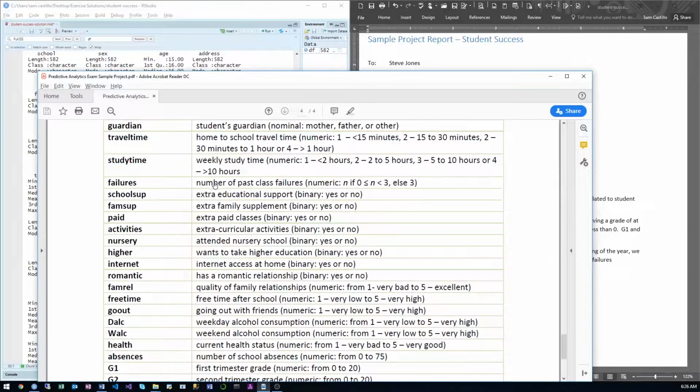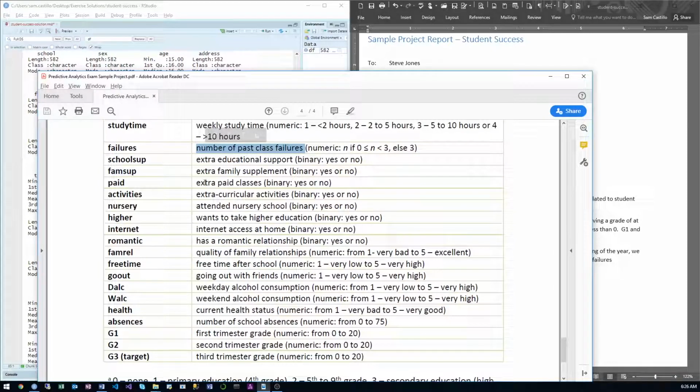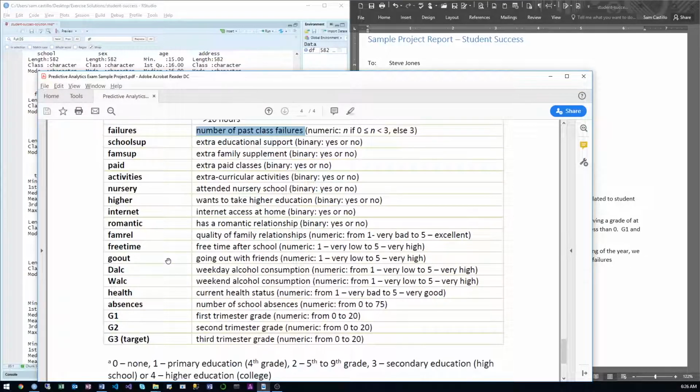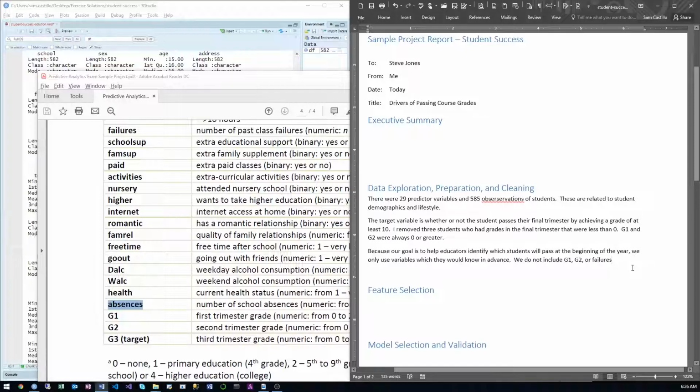So we don't know failures of the current school year until the end of the school year. Internet, romance, these other variables, except for absences, and absences would not be known in advance.